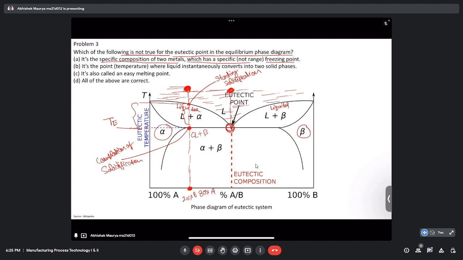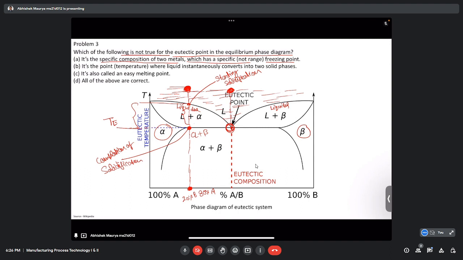Another feature is that this is the minimum temperature at this composition, the minimum temperature where we can get the liquid.